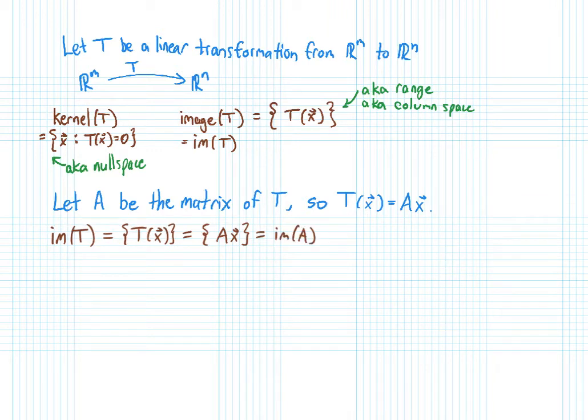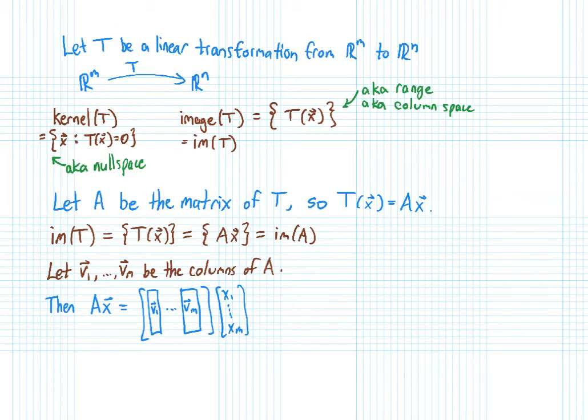And then because T and A are so closely related, it's also common to refer to this as the image of A. So to analyze this further, we could look at the columns of A. Then we can expand out A times x using the column picture for how matrices multiply times vectors. And we get x1 times v1 plus x2 times v2, and so on.